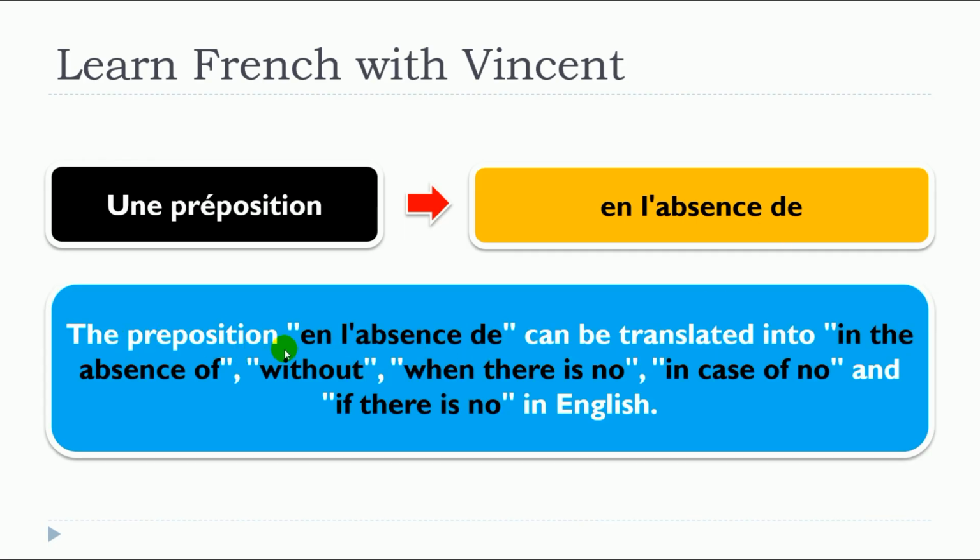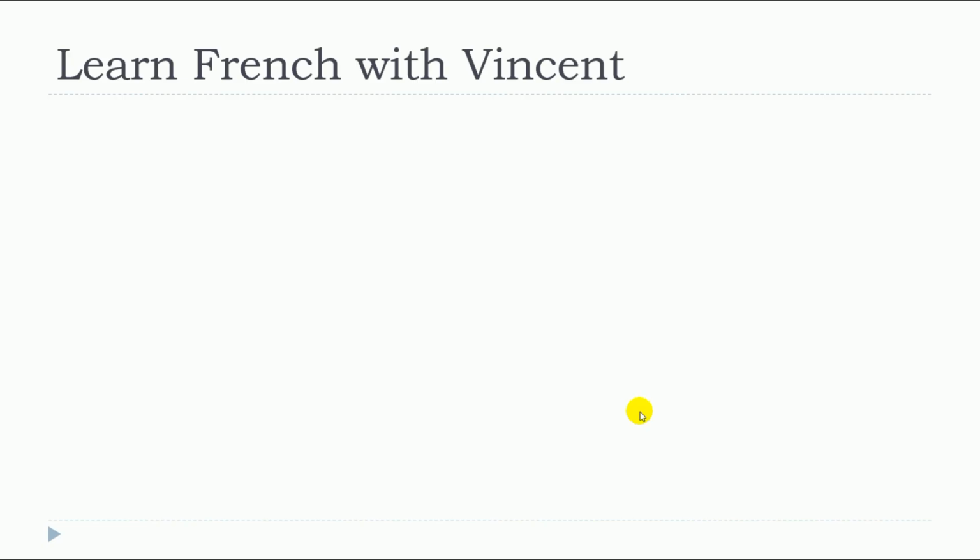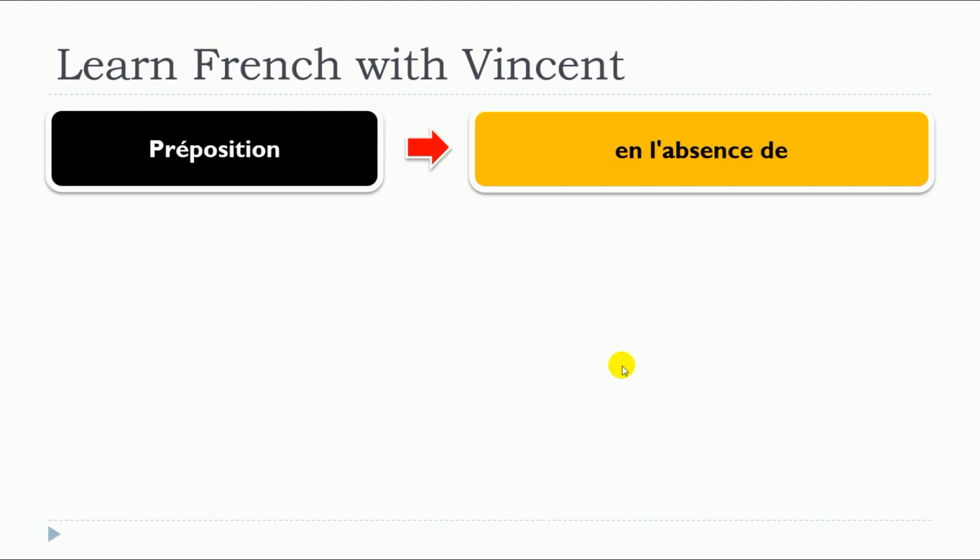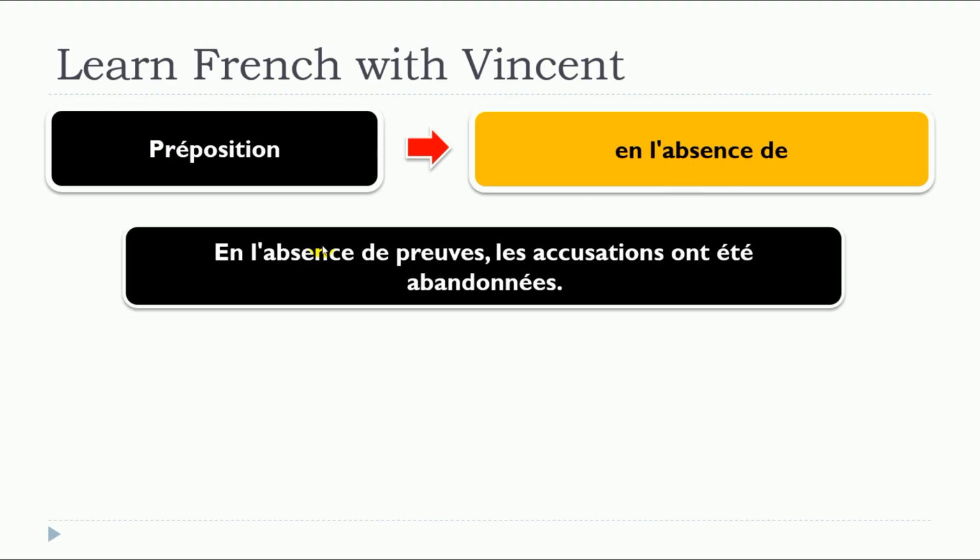And the preposition en l'absence de can be translated into in the absence of, without, when there is no, in case of no, and if there is no in English. So we will see four examples with en l'absence de.